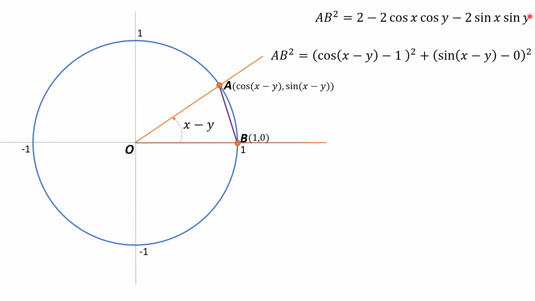In the other parenthesis there's 0, so it's really just sine (x minus y) squared. So this is what we're going to get.